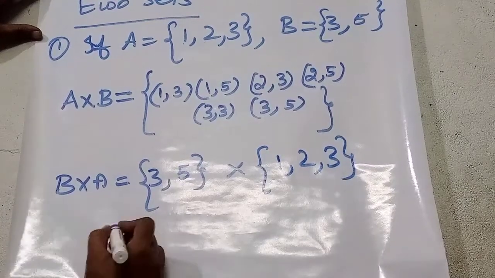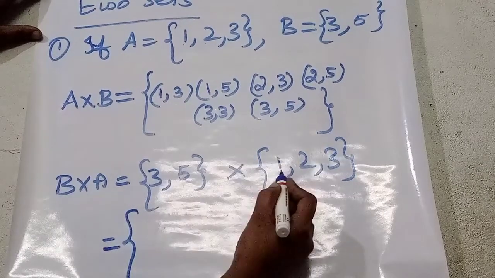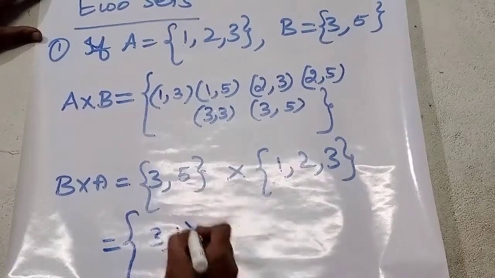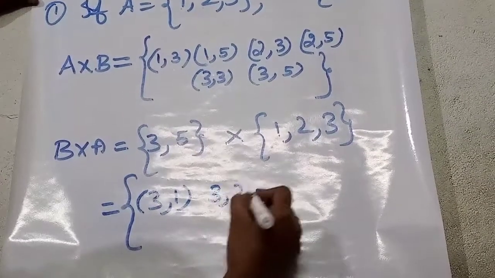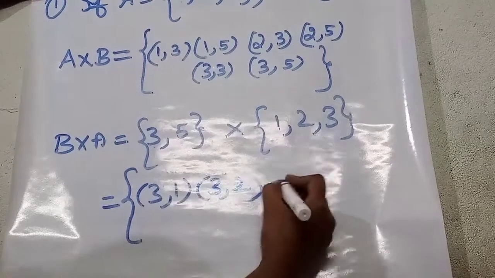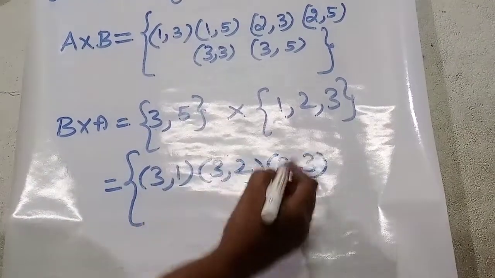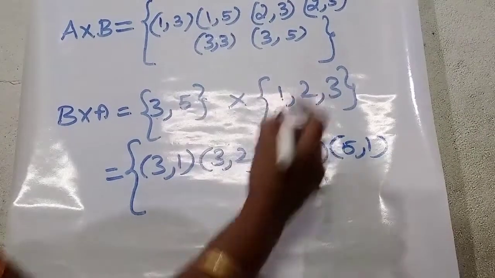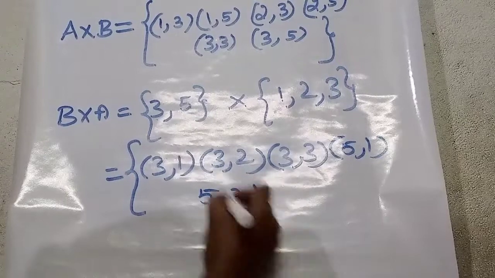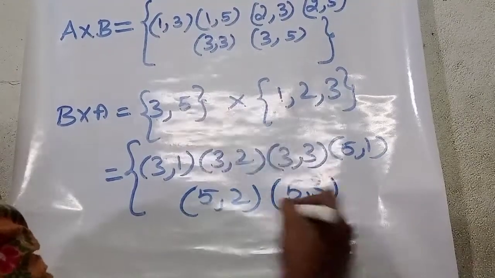B cross A is equal to, first the set bracket, then (3, 1), (3, 2), (3, 3), next (5, 1), (5, 2), (5, 3). Okay.